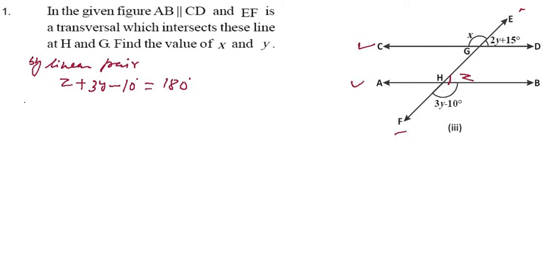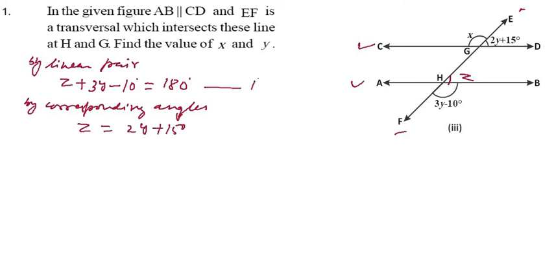Okay, but by corresponding angles, what will happen? So Z will be equal to 2y plus 15. So you can write here Z will be equal to 2y plus 15 degrees. So it is your equation first and it is your second.